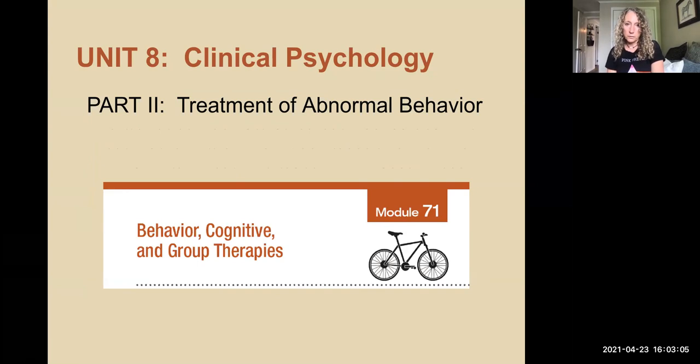these modules, this is module 71, is the behavior, cognitive, and group therapies. And just as we've talked about behavioral techniques like classical and operant conditioning, and we talked about different forms of cognition, you might be able to predict how they might treat someone with a psychological disorder.